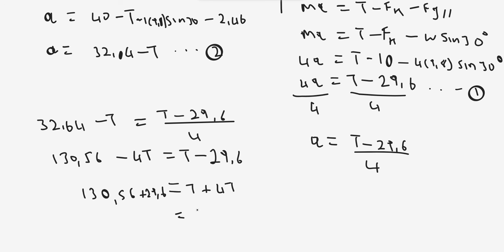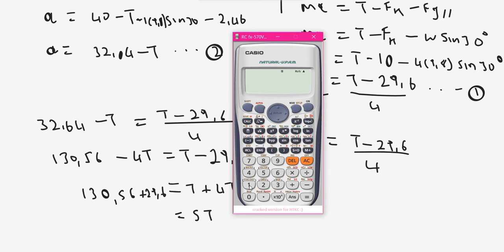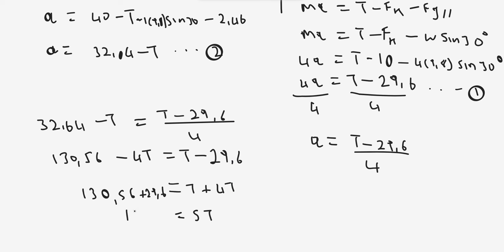So we have 5T, and 130.56 plus 29.6 is equal to 160.16. It's 160.16 over 5.